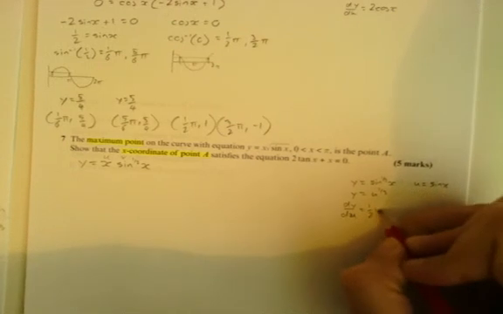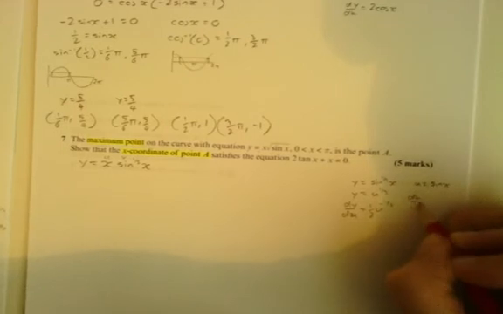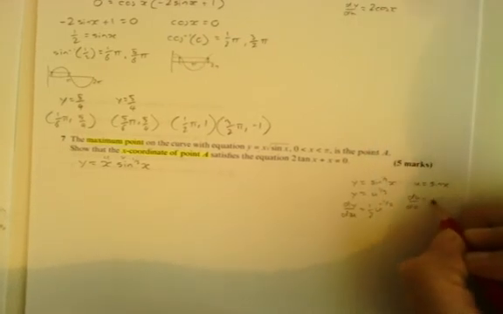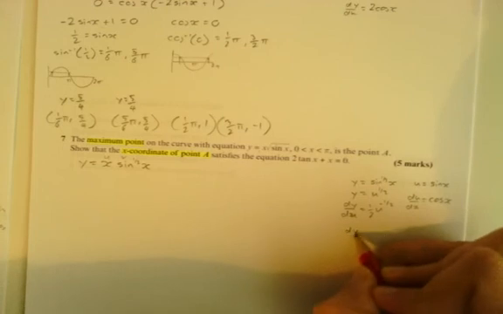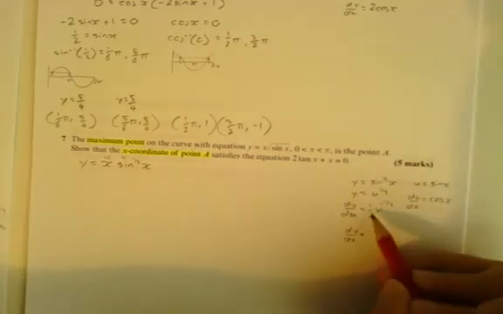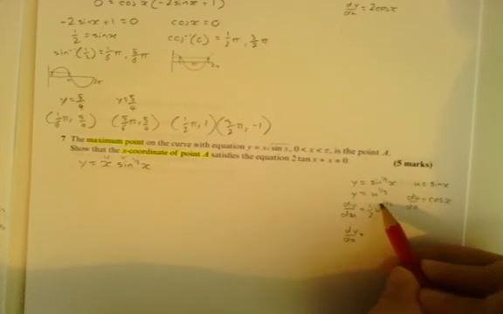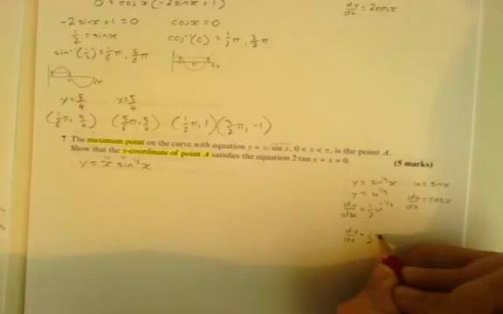So dy by du is going to be a half u to the minus a half, and du by dx will be cos x. Remember that u is sine x, so dy by dx, differentiating sine to the half x, is going to be a half sine x to the minus a half cos x.